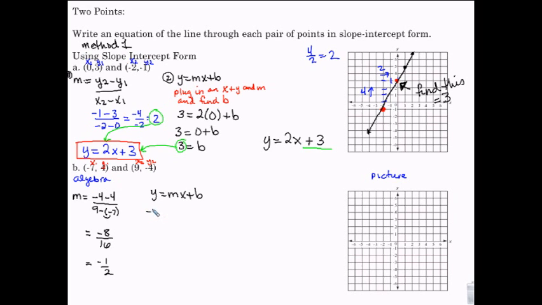Okay, so I'm going to do negative 4 is equal to negative 1/2 of 9 plus b. Half of 9 is 4 1/2. So I'm going to add 4 1/2 to both sides. And I'm going to get b is equal to 0.5.